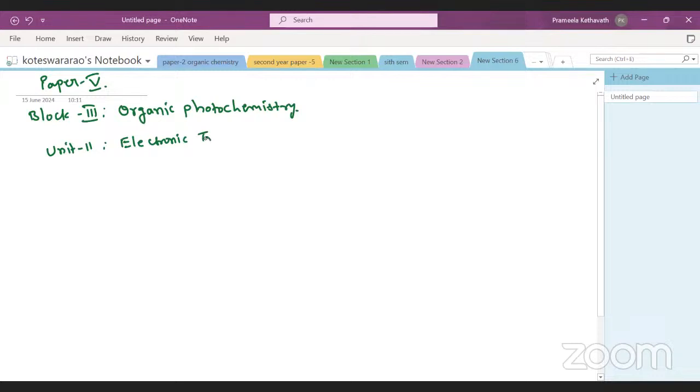The second one, unit 12, is photochemical reactions of carbonyl compounds and their derivatives.